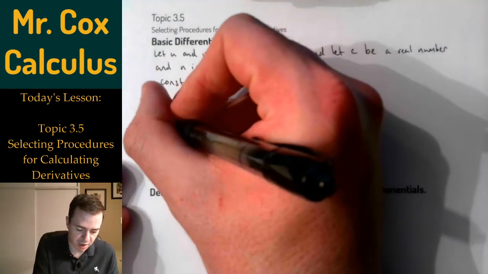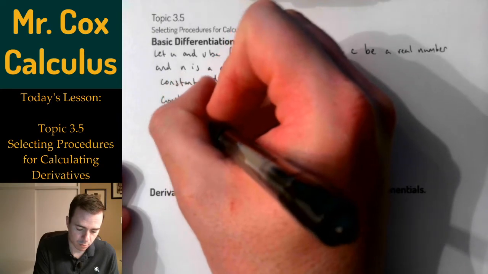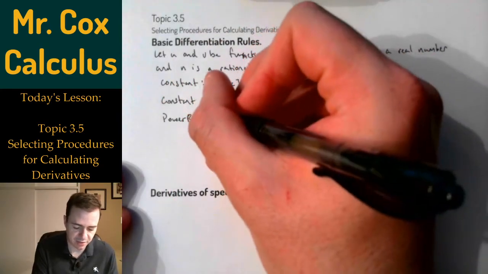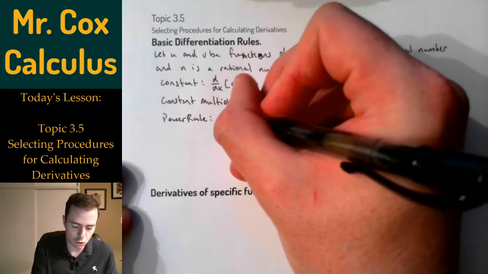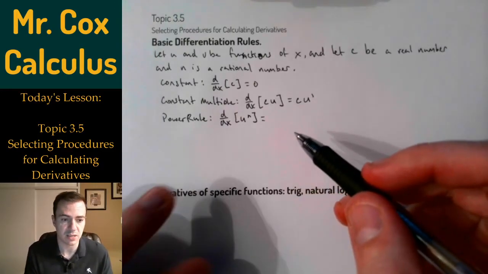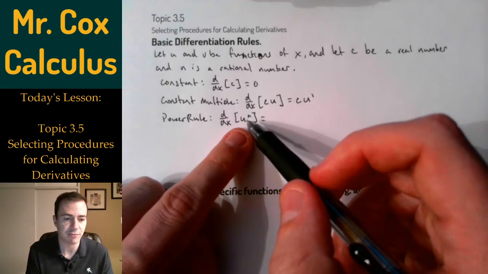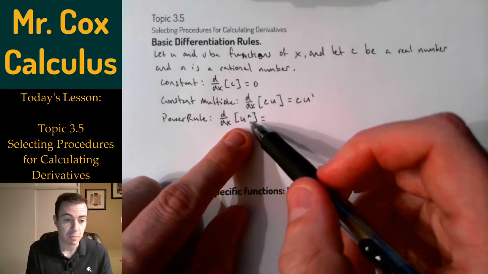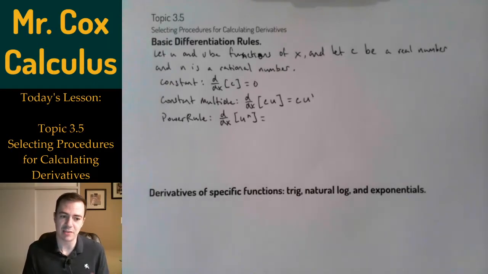All right, we also have the power rule. This said that if I take the derivative with respect to x of u to the n, now this may look a little bit different than when we did the power rule back in Unit 2, because now we're saying u is a function of x. Back when we did the power rule, we just had x to the n. So the thing that's going to be brought into the fold here is the chain rule.